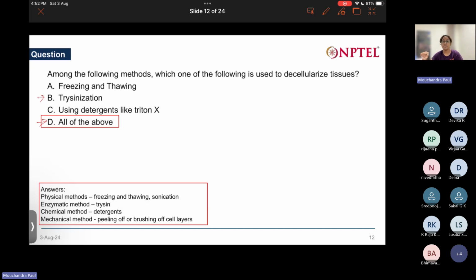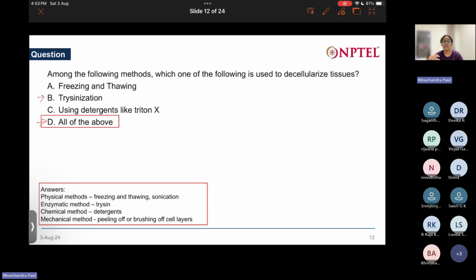If you use very high amounts, you can also structurally break down your ECM. So you have to be very gentle in your approach. Then you can also use mechanical methods, like peeling off or brushing off with some mechanical tool. That itself sounds very harsh, so again, you have to be as gentle as possible without damaging your ECM. You have to remove the cells.